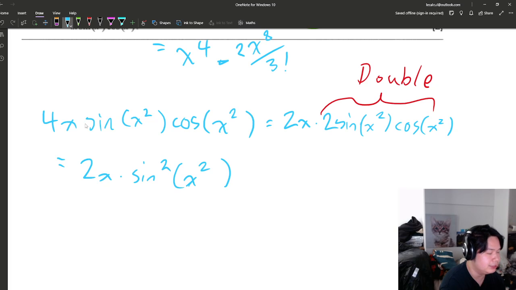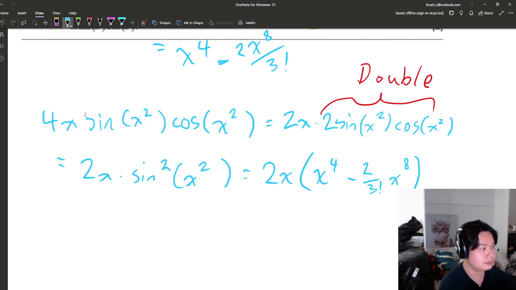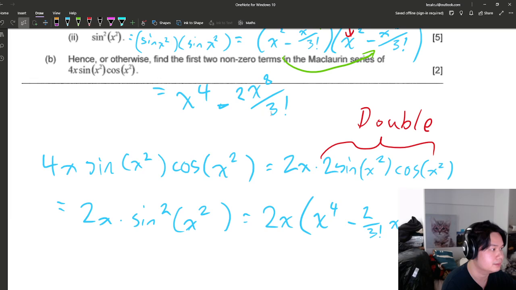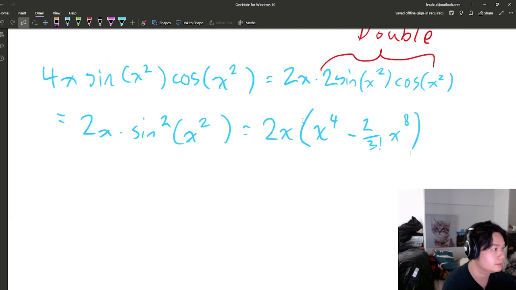And we already know what this is as a Maclaurin series. We just found it out earlier. Right here. And then we can just multiply the 2x in, and then, hold on, I don't know what the heck this song is. I'm going to change it.